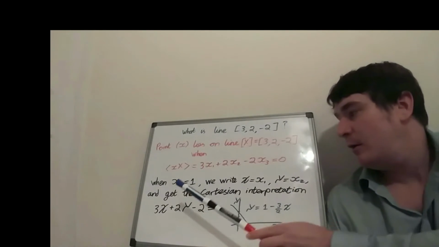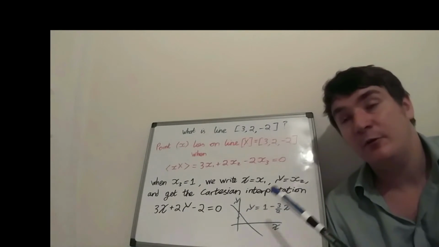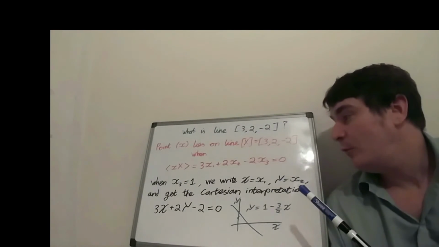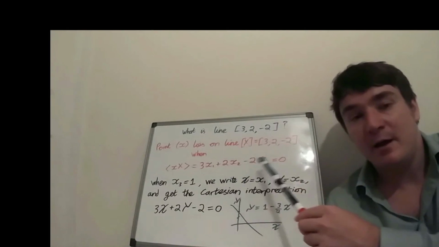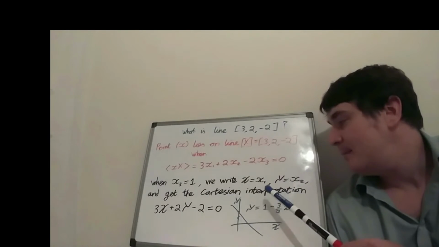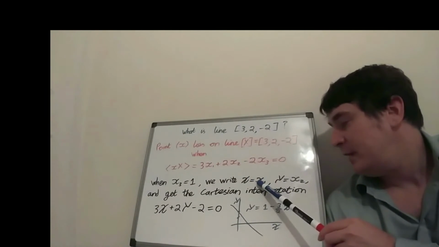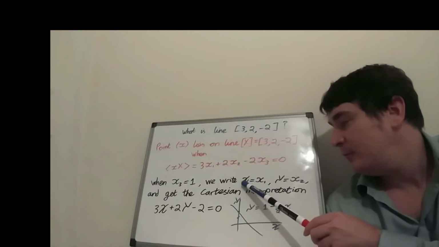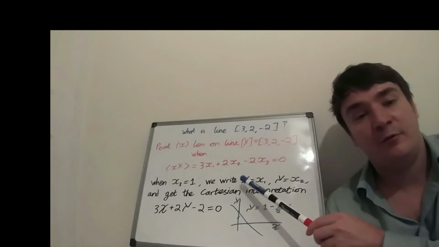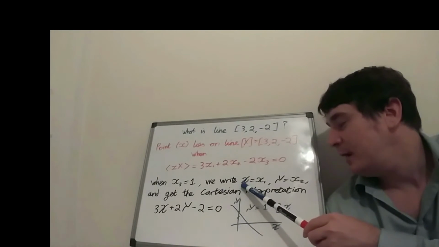So we can set x3 equal to 1, and then we're basically considering all the different points of this line which are finite, and then we're free to think of x1 as a Cartesian x. I'm using a curly x now, so don't get too confused.